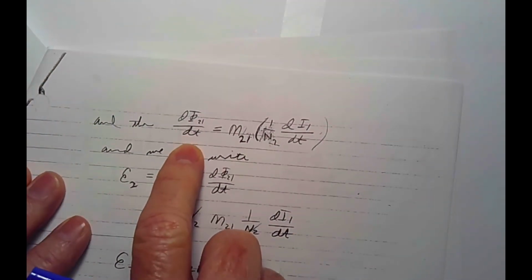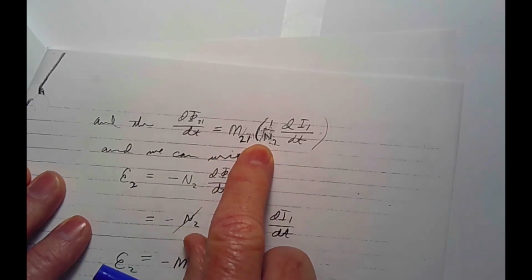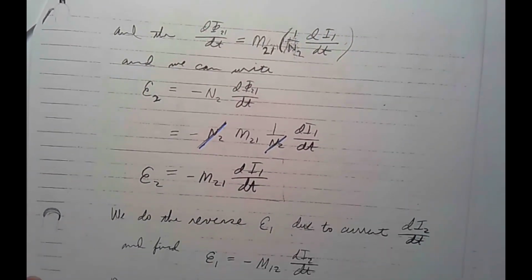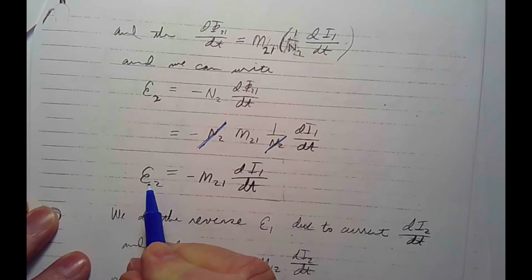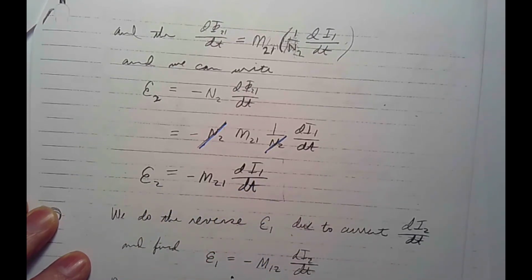So if we take that, then d by dt of phi sub 2,1 is that quantity there. Oh, that's 1 over N2. Sorry, kind of messy there. And EMF2 is that, okay? That makes this N2 cancel that N2, and we get this simple relationship that says EMF2 is minus M2,1 times dI1/dt.